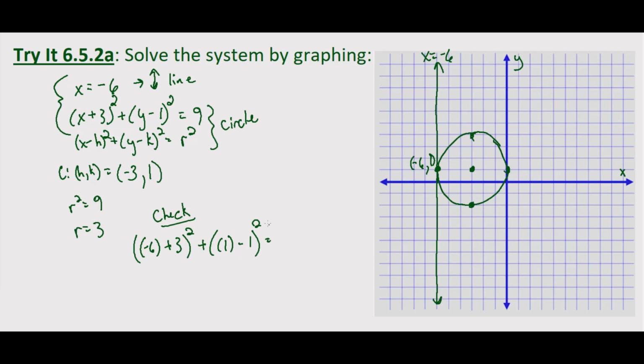We want to know, does that equal 9? So -6 plus 3 is -3, squared is 9. 1 minus 1 is 0, so that does verify: 9 plus 0 equals 9. And so we know this point does satisfy both equations in the system. And so our solution is -6, 1.